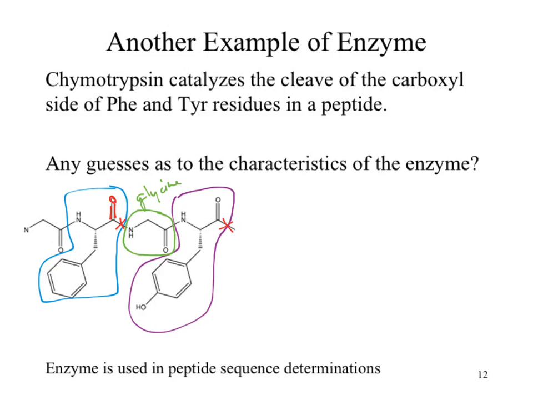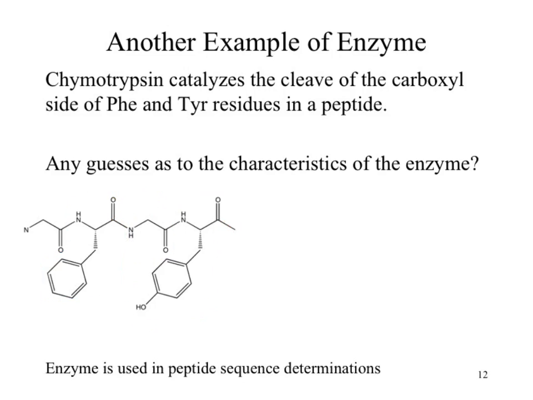So what kind of common characteristics would you think the enzyme might be looking for to target those amino acids? What do phenylalanine and tyrosine have in common? It's got to be targeting that ring somehow.